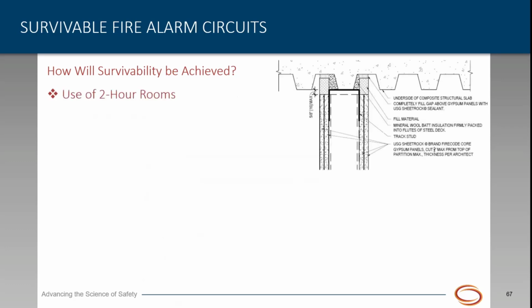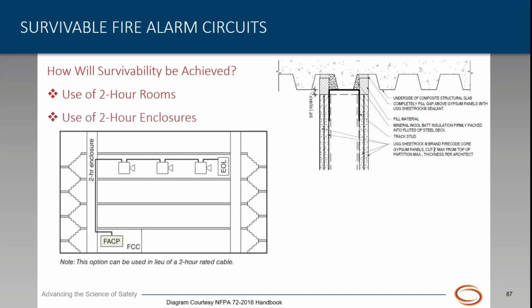Now, are you able to take advantage of the building's construction by using stackable 2-hour rooms? Is it a better option to build 2-hour enclosures? Here you see, if we run from the fire alarm control unit into a 2-hour enclosure up to the notification zone, none of that wiring would need to be survivable because you're staying in the 2-hour enclosure until you get into that zone.